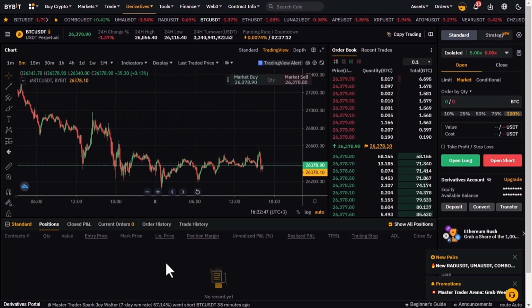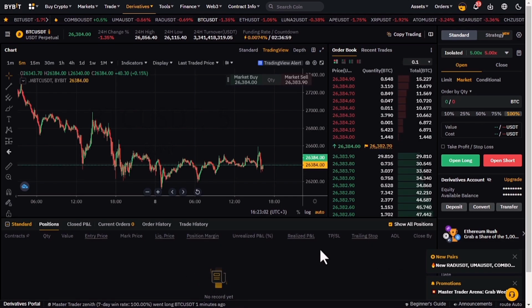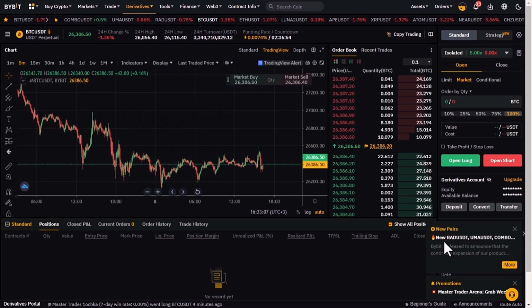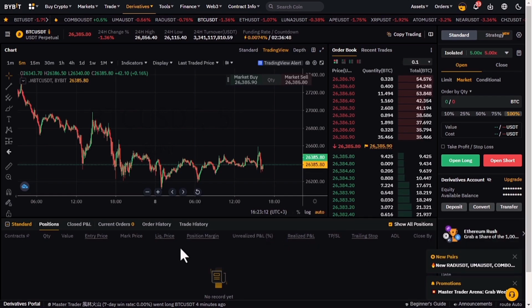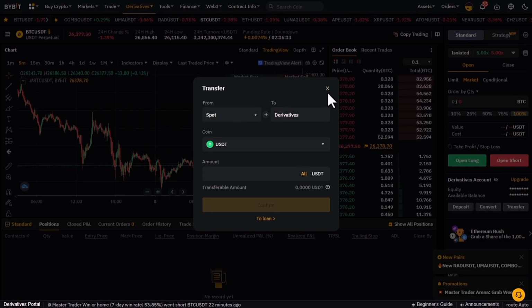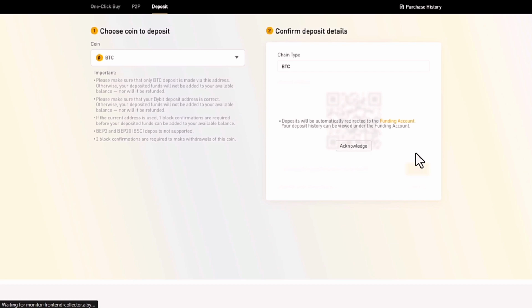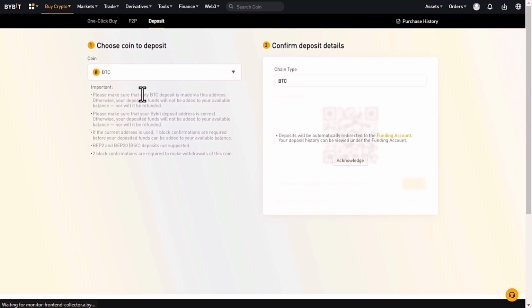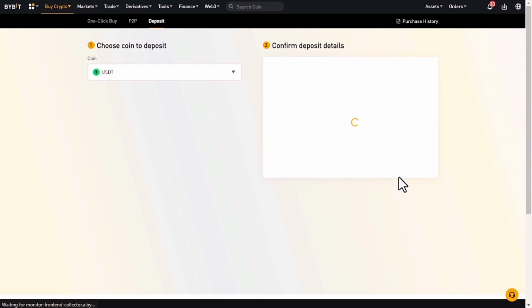The other thing which I want to point at and is essential to know is that if you fund your account, as I told you before, the money is going directly to your spot account. So you have to use the transfer option, and transfer it from one of your profiles to your derivatives account. But as I told you before, when you want to deposit some, if you already have some coins and you want to deposit them here, there was an option here.